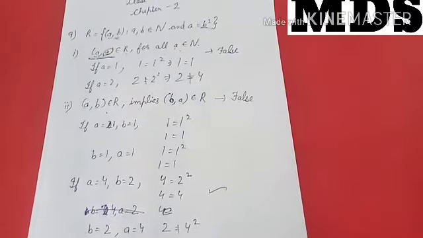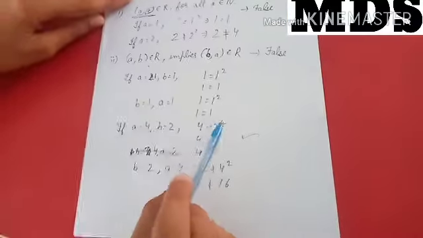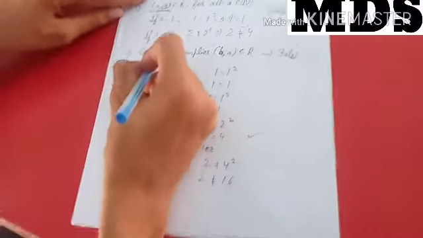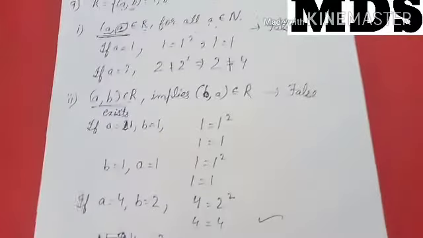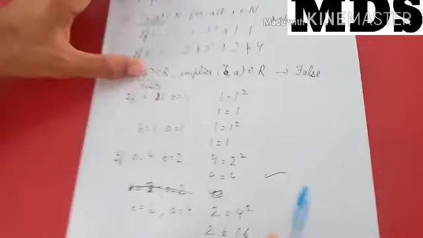Now in these types of questions, first of all you have to prove that this exists, and then we will go for the other part. If this does not exist, then we will not talk about it.